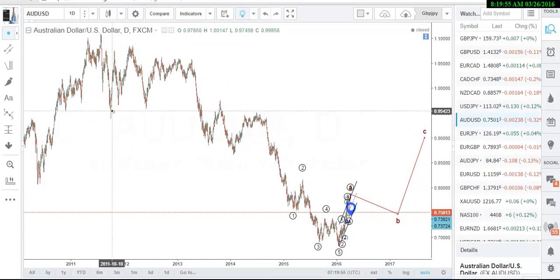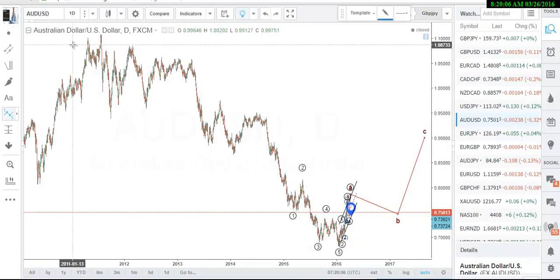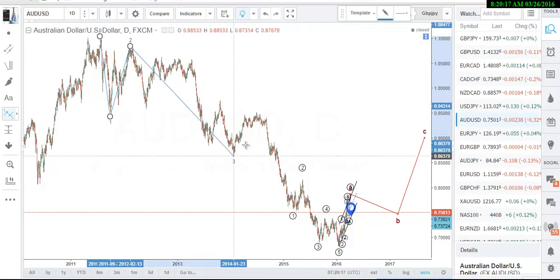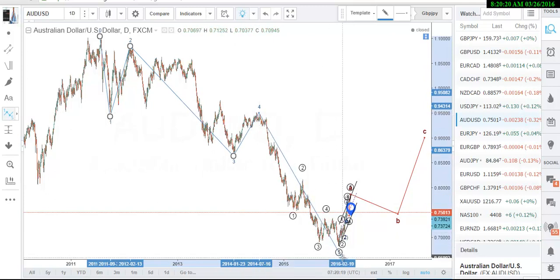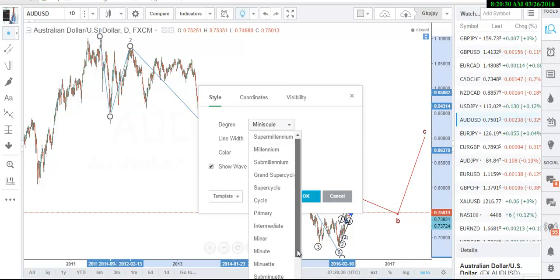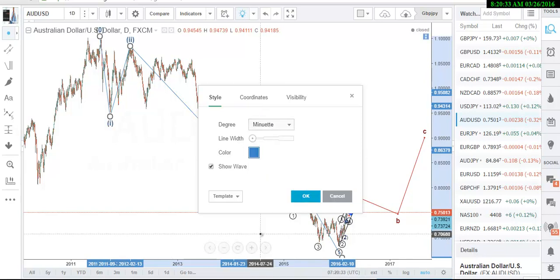This is wave 1, and then wave 2, a wave 3 downward, and a wave 1. What we are seeing here is the last wave. Let me actually label it: the first wave, the second wave, the third wave, the 4th wave, and then the 5th wave.